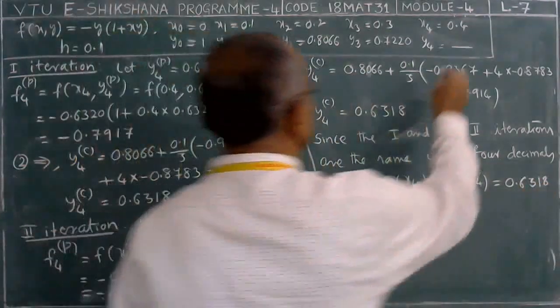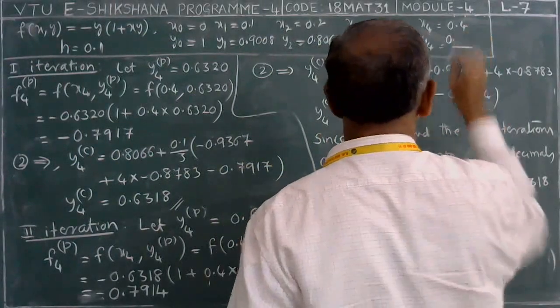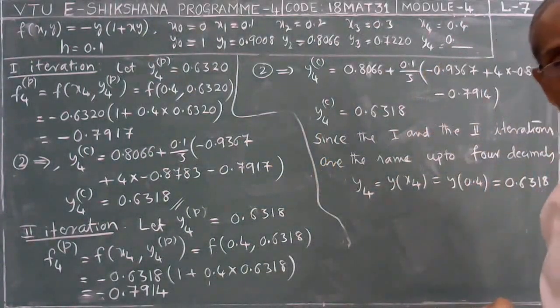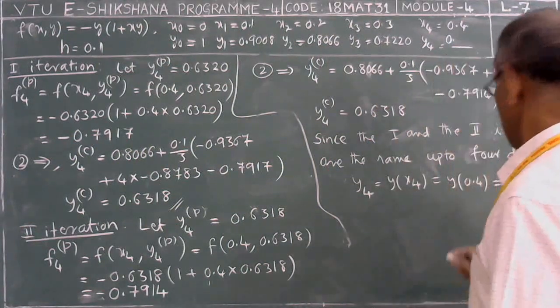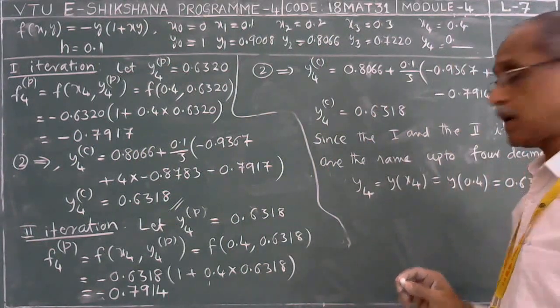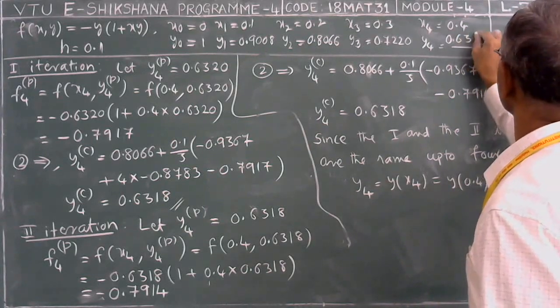So the value of y at x equal to 0.4 by Milne's predictor and corrector method up to 4 places of decimals is 0.6318.